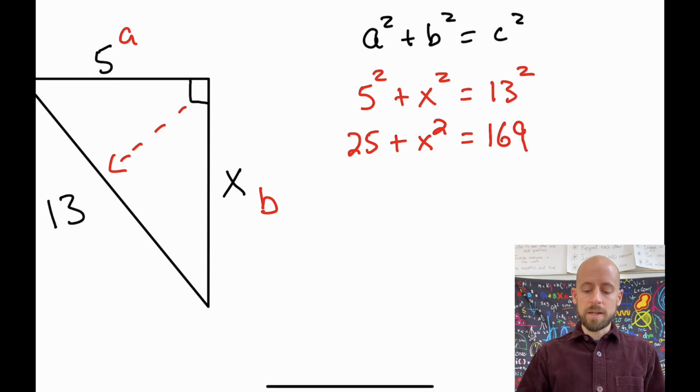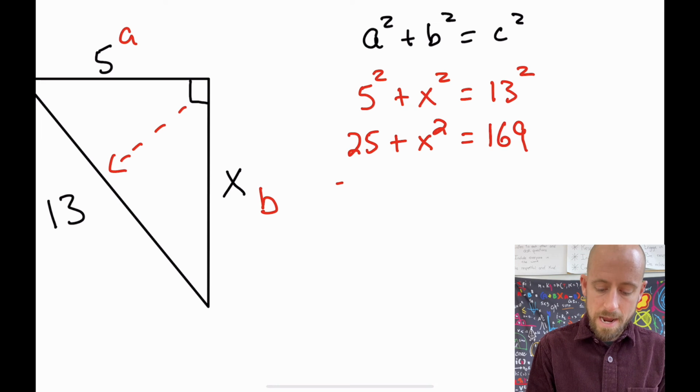And at this point, again, this is a little bit different than the previous one, a little bit of a different style because x wasn't where c was. So what I have to do is I have to get all of the numbers on one side of the equal sign. So I've got two sides of the equal sign. I got the left side and I got the right side. I got to move all the numbers to one side.